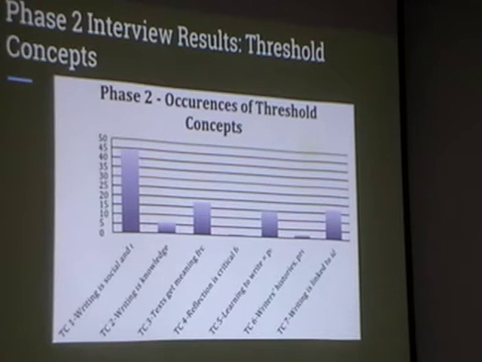All the other threshold concepts only saw action in one project throughout the semester. So the importance of explicit instruction throughout the entire semester became key to how and why students were able to transfer this knowledge most strongly.